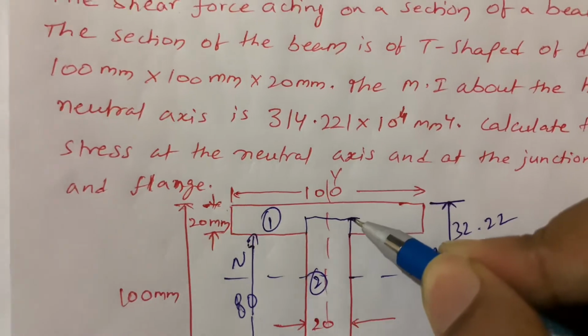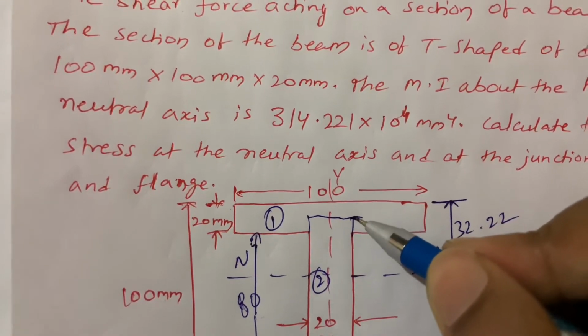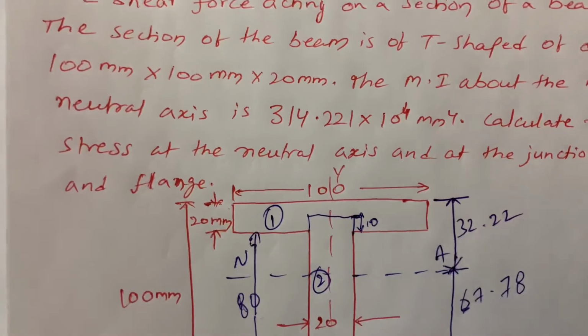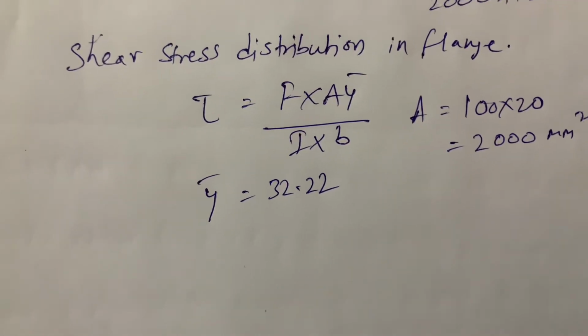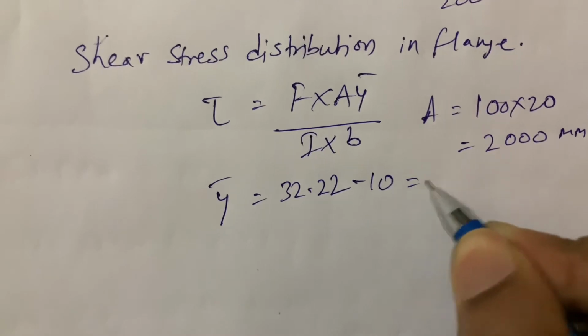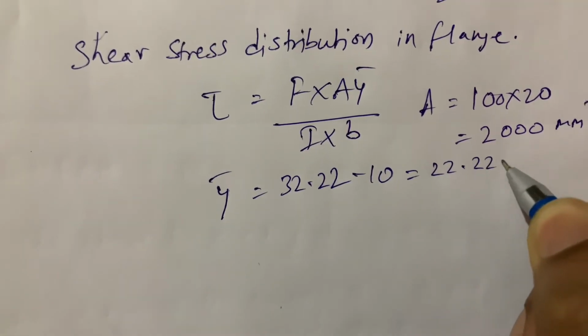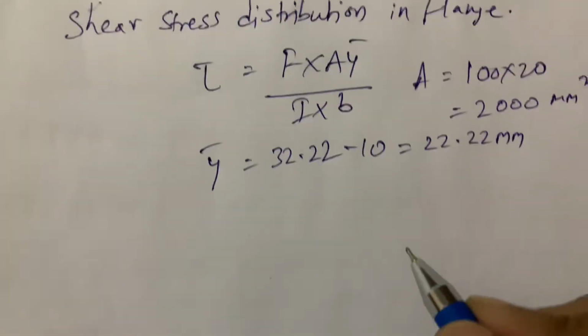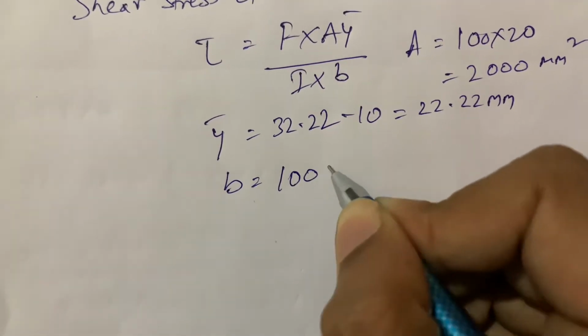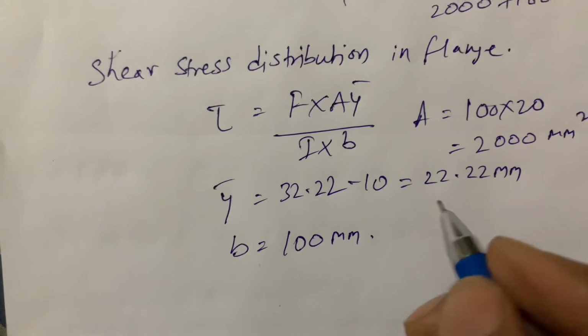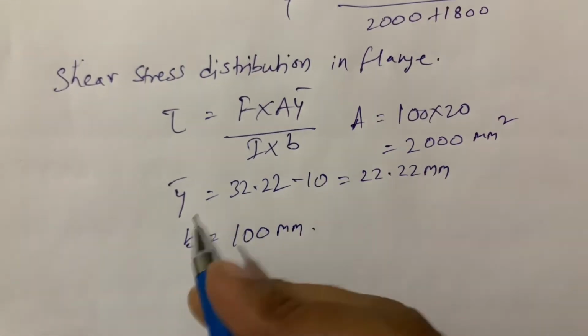So from here to here it is 10. So 32.22 minus 10. After that, the width of the flange is given, that is 100 mm. So substitute all the values in this equation.